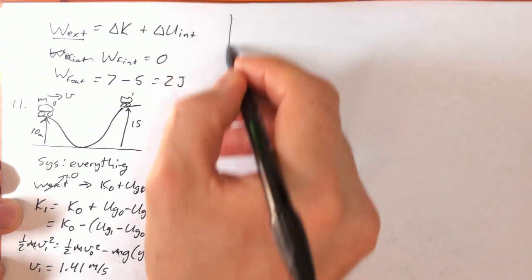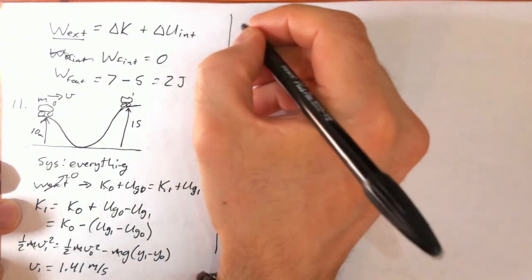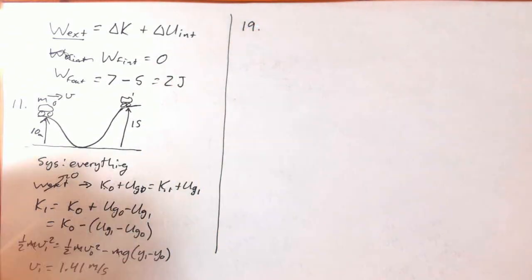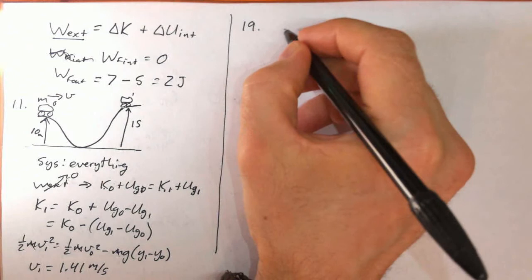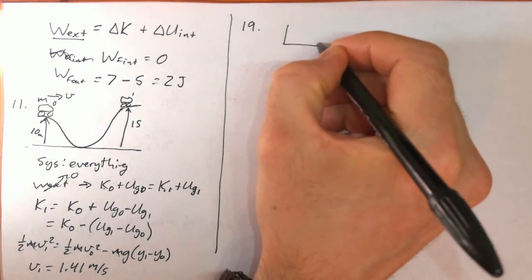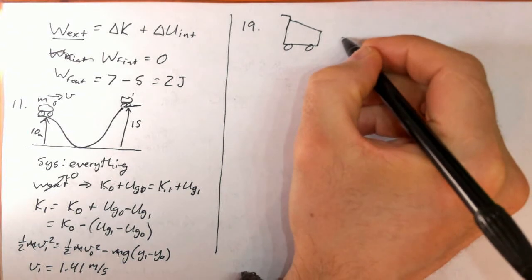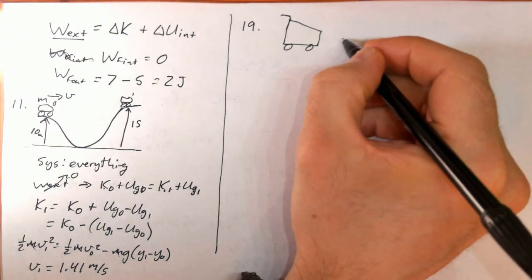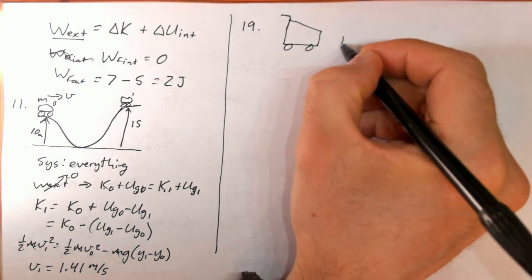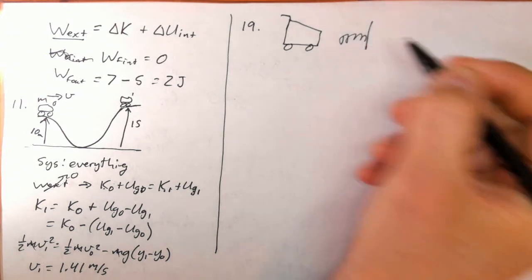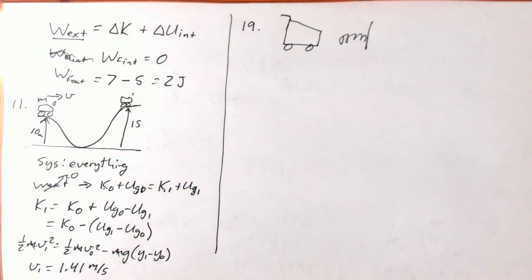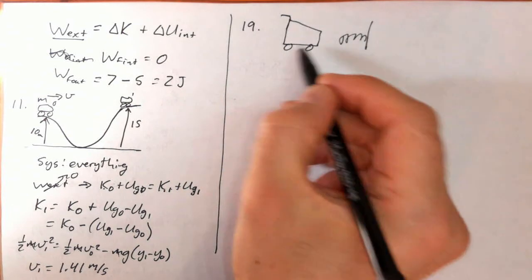Okay, last problem, 19. So we have a cart, a grocery cart, and it's run away. So it's moving across the parking lot, and there's a spring attached to a car or a building or something like that. And here's our initial case.